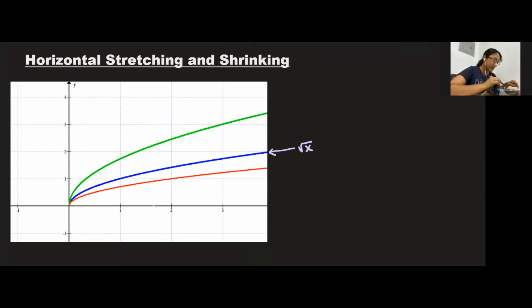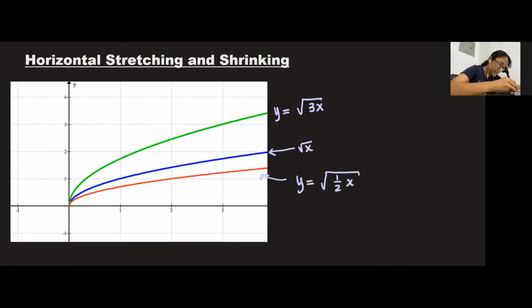So horizontal stretching and shrinking means you're changing your x coordinates by some number c. So here the green graph represents y equals square root of 3x, and the red represents y equals square root of (1/2)x.